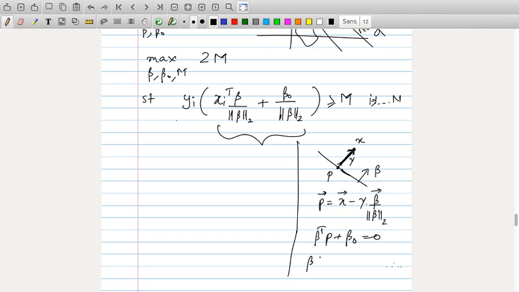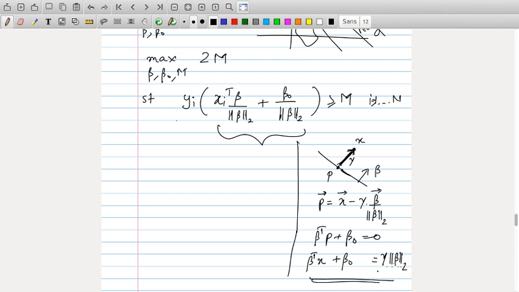So it's beta transpose x, okay, that I can write on the outside. So let me write gamma times the norm of beta plus beta naught.